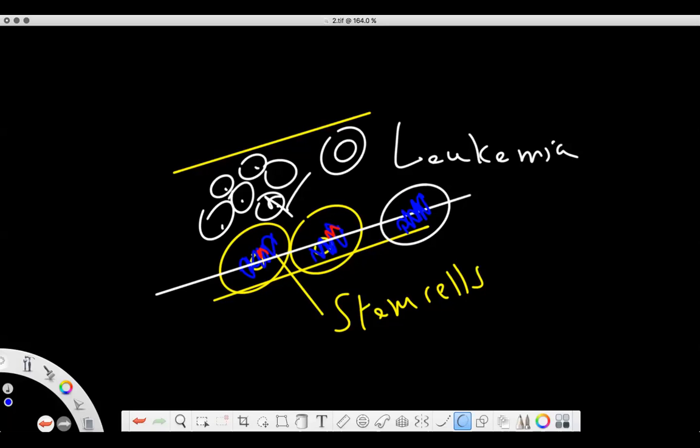Okay, so we have done the stem cell section. The last lesson is gene expression control and differential gene expression. That section looks at the exact process.